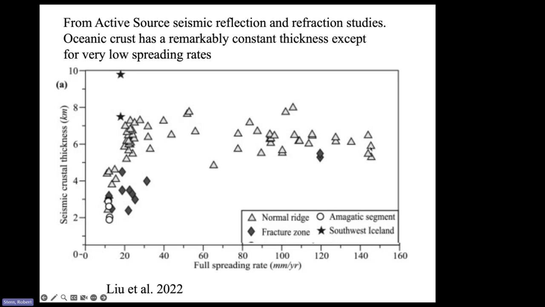And what you can see from all over the world, the thickness of the oceanic crust is very close to 6 or 7 kilometers, whether you're going at 140 millimeters per year or 30 millimeters per year. But at spreading rates lower than about 20 millimeters per year, you get much thinner crust. And we'll come back to this later.